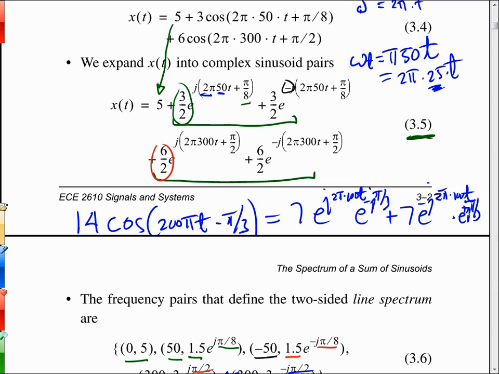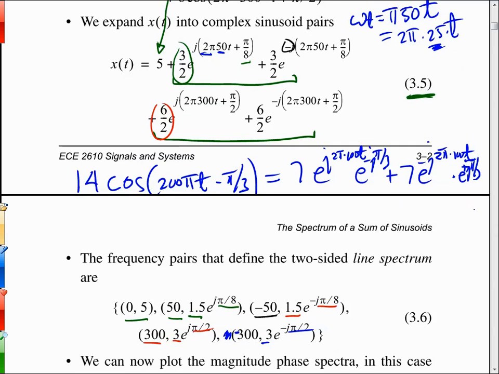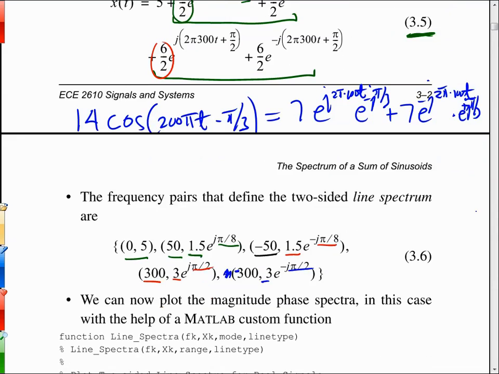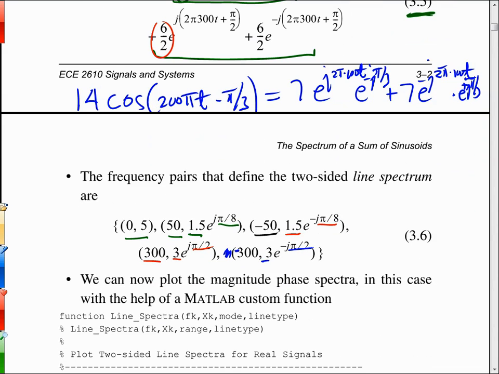So the book has the spectral plot on the next page, and the way they do their spectral plots, I don't know, I don't like it. My style is to say we have a phase spectrum and a magnitude spectrum, so I plot them separately, magnitude and phase, whereas the book likes to plot magnitude and phase together to just say it's some complex spectral line there.